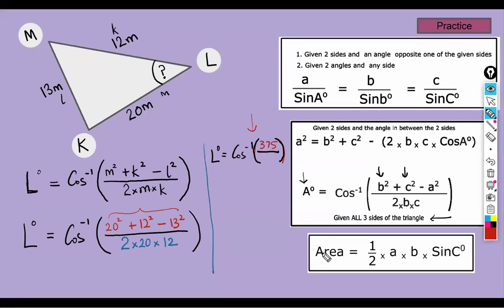Work out the underneath. Clear your calculator and work out the underneath. The blue part, 2 by 20 by 12. I'm getting 480. Take down up to there. I worked out the top. I work out the underneath. I ain't playing no hero with this formula. Do me a favor now.